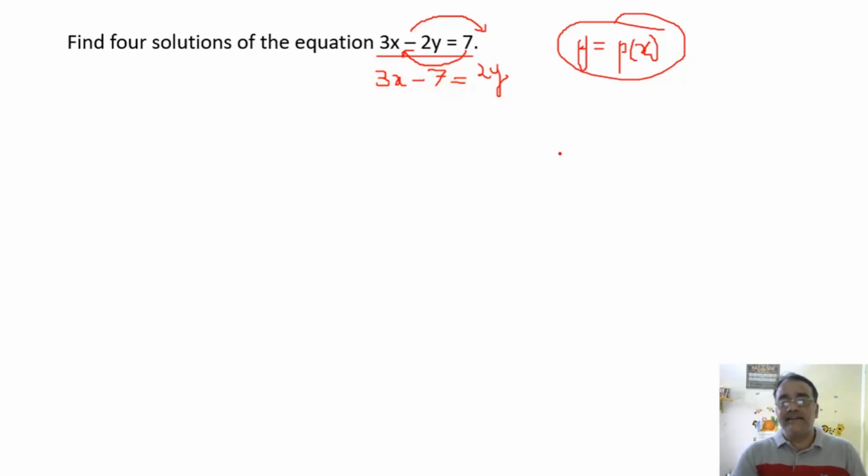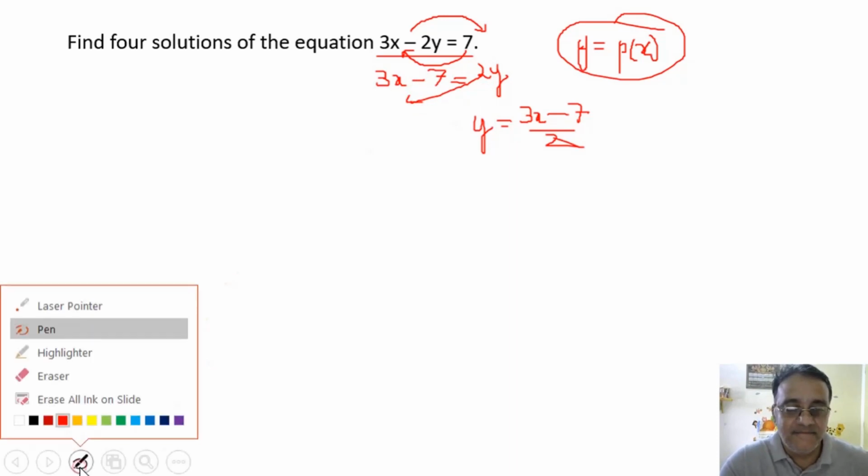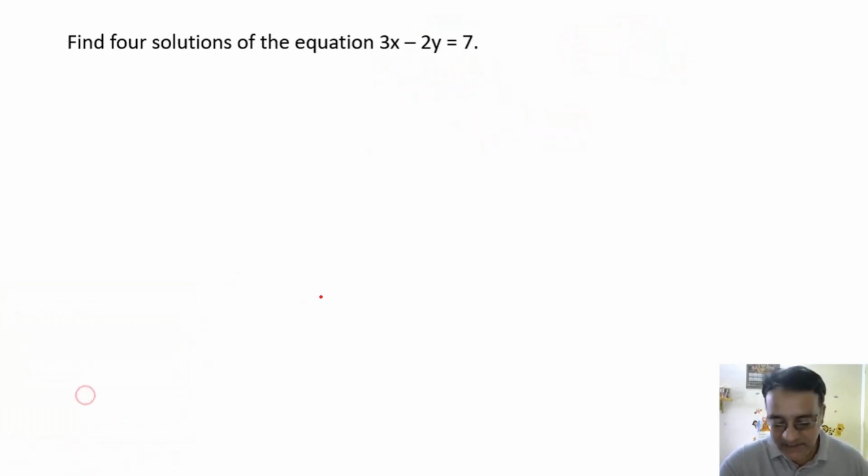So what is y? How much will y be? Sir, 2. It has infinite values. y is 3x minus 7 upon 2. This 2 comes down. Clear? Yes, sir. Okay, so we'll start.